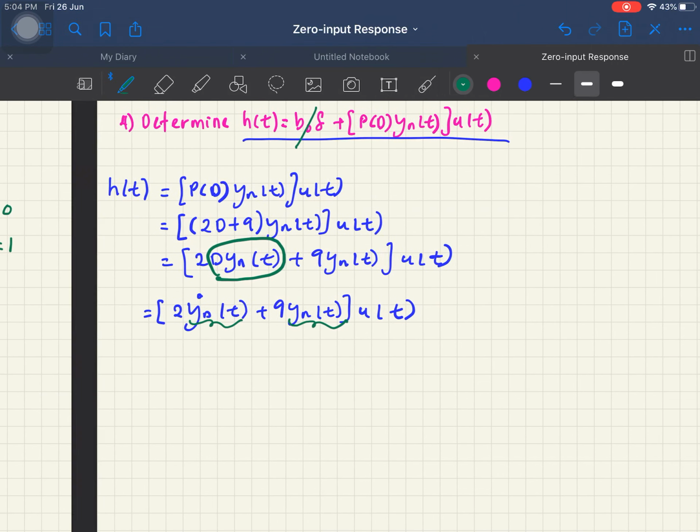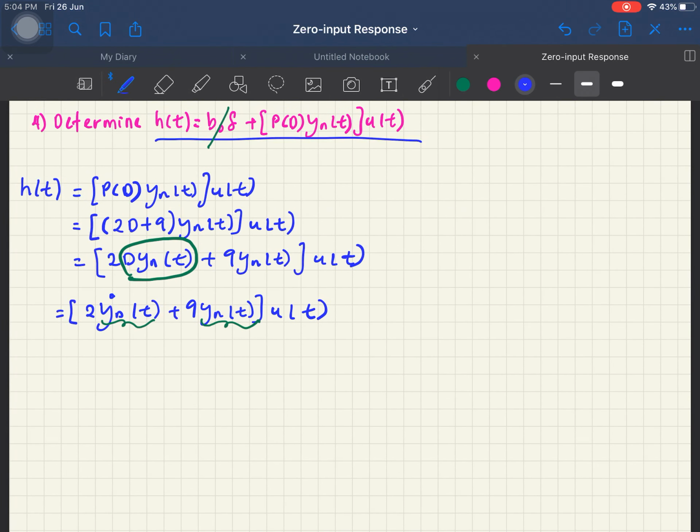If you do that, you will get h(t) at the end. You substitute and then you perform all the operations. You will get h(t) equals (3t plus 2) e to the minus 3t u(t).